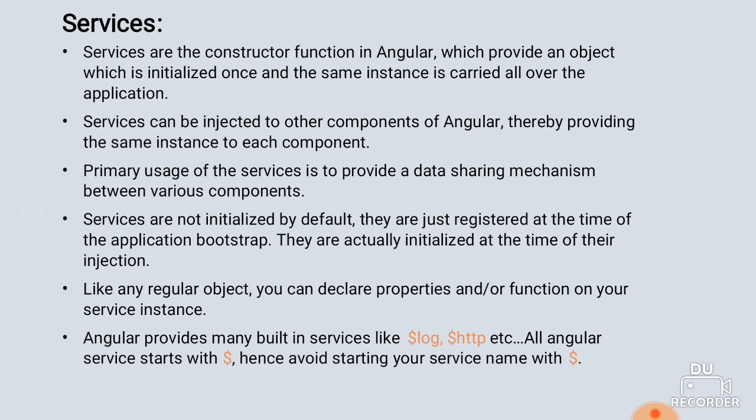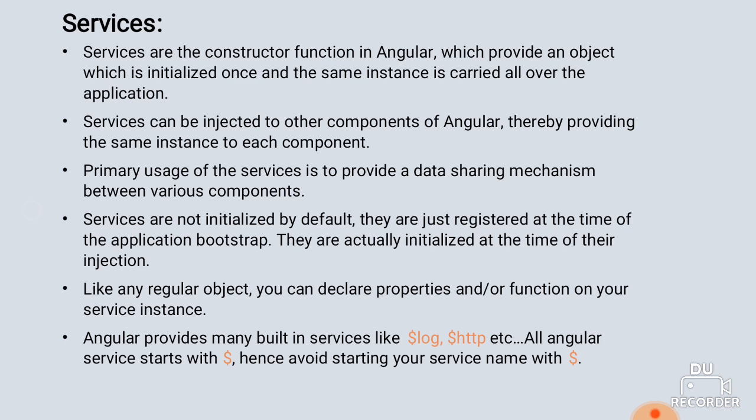Next to directive is the service. Services again are a component on top of the Angular module, but services are somehow different from the directives. Services are constructor functions in Angular which provide an application-wide scope for your data. Basically, Angular services are nothing but a single object which is created at the start of the initialization of the service.